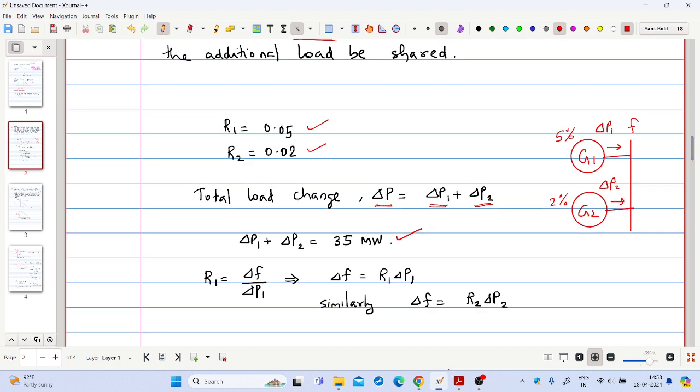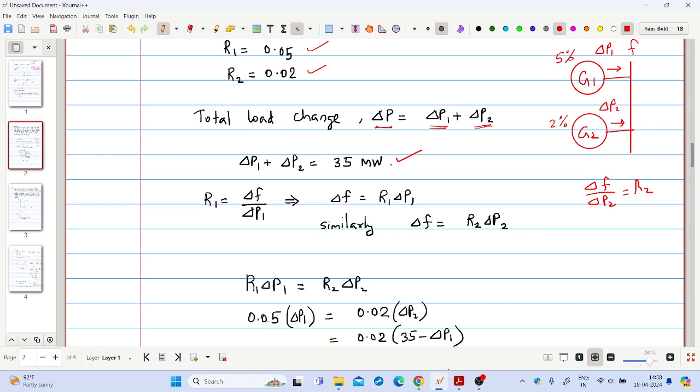So R1 is delta F by delta P1, so delta F is R1 into delta P1. Similarly, delta F by delta P2 is R2, so delta F is R2 into delta P2. Now you can equate the right hand side because the left hand side is same. So R1 delta P1 equal to R2 delta P2, and delta P2 is nothing but 35 minus delta P1 because sum of the loads is 35.